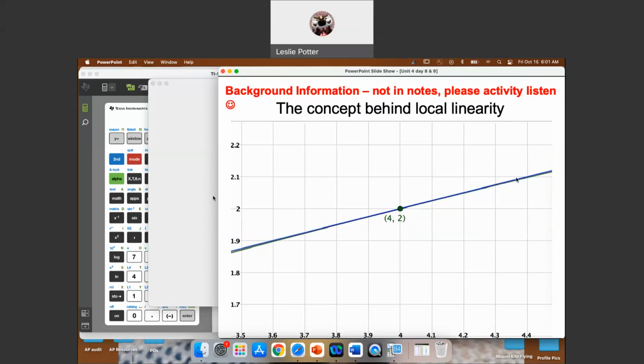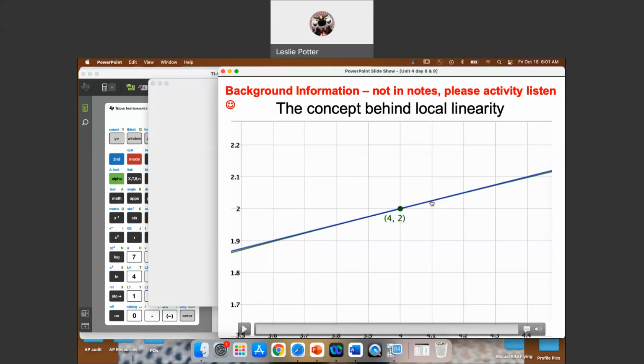There's a very insignificant amount of difference as I go away from x equals 4 by tenths, like 4.1, 4.2, 4.3. At 4.1, the function and the tangent line look like they're one and the same.